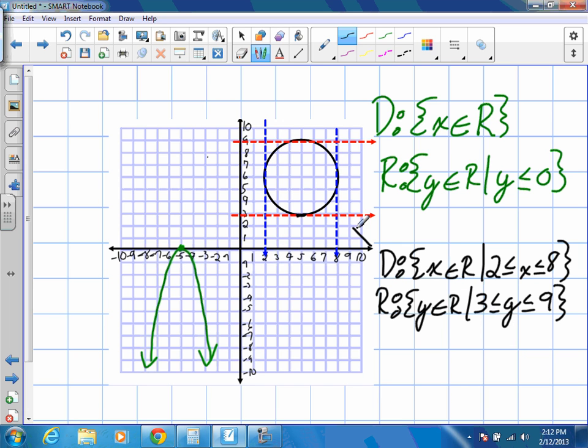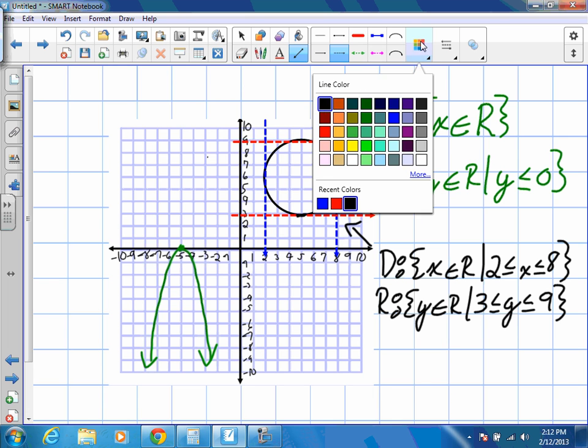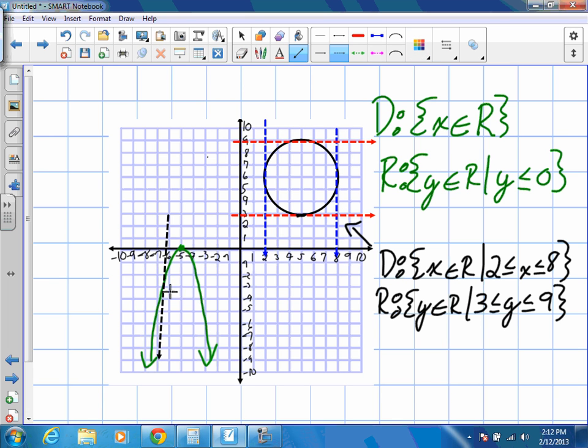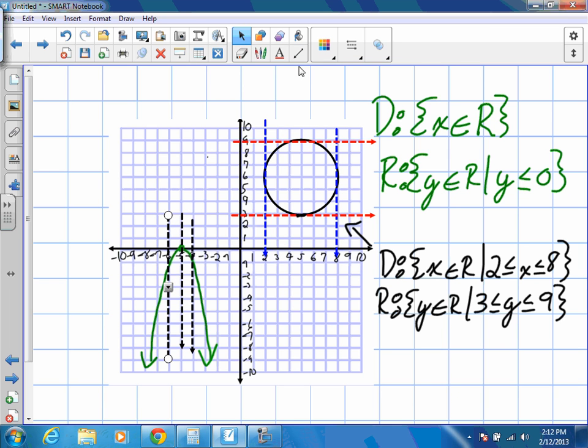Now, briefly, let's quickly talk about this also. Vertical line test. Is this guy a function if I draw vertical lines? Yes. Why yes? No matter where I draw it, it's going to only touch it once. So yes, this is a function. If I draw vertical lines through this, why not?